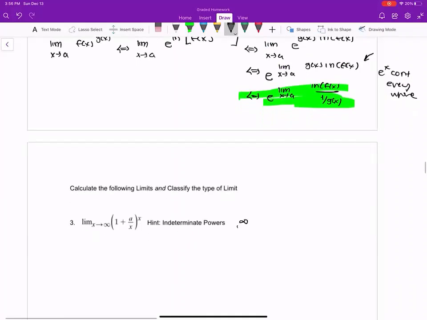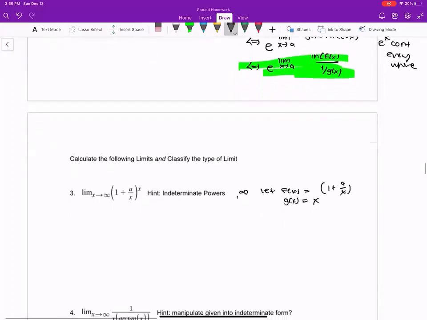Let f of x equal 1 plus a to the x, and let g of x equal x. So we can write that as e to the limit as x approaches infinity of ln of 1 plus a to the x all over 1 over x.